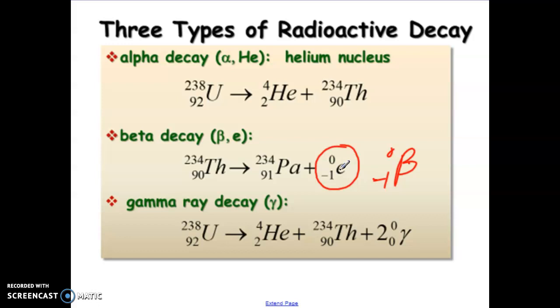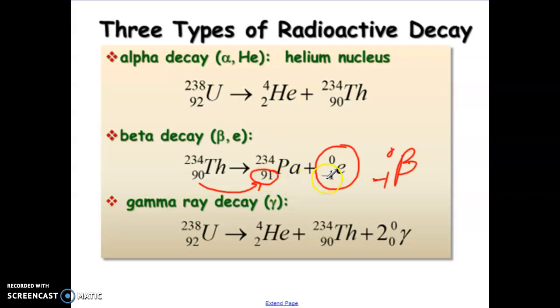So you're probably wondering, well, electrons are not in the nucleus. Why is that affecting the nucleus? It's because this particular electron, as it fragments off, causes a change in the nucleus to happen. Let's take a look at the number of protons. So the mass doesn't change, but the number of protons actually went up by 1. So we went from 90 protons to 91 protons.